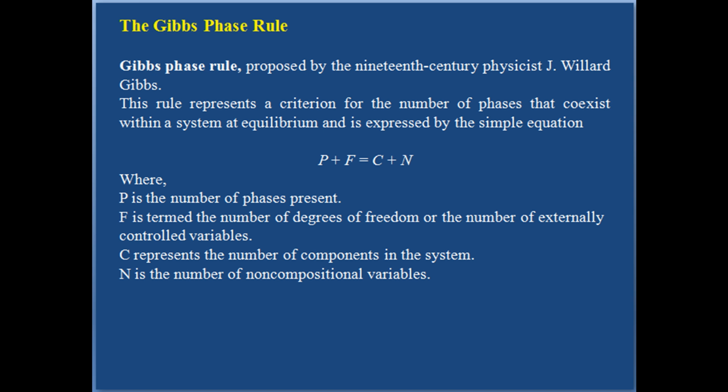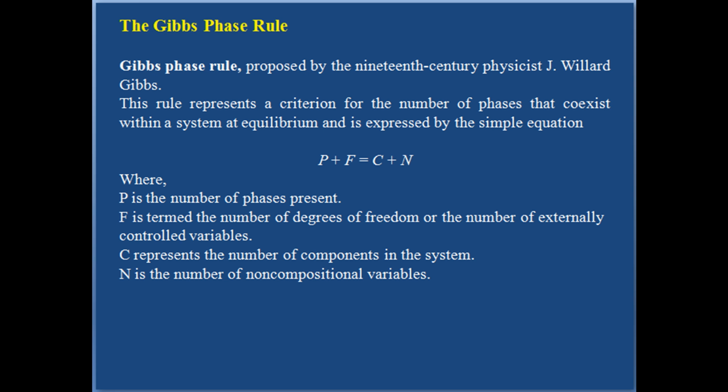F is the number of degrees of freedom, or externally controlled variables such as temperature, pressure and composition, that must be specified to define the state of the system completely, that is, the number of variables that can be changed independently without altering the number of phases that coexist at equilibrium.